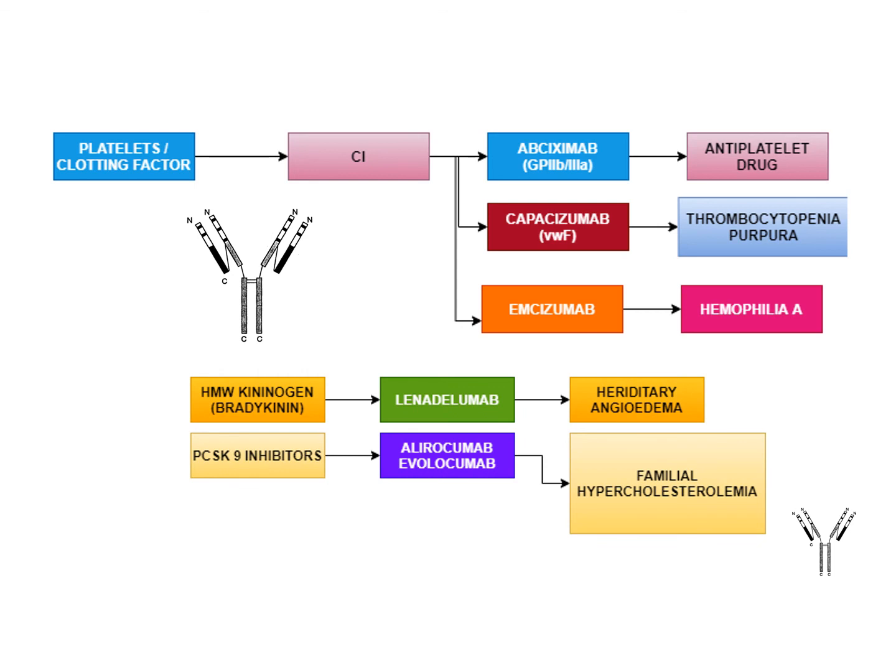Then lanadelumab is given for hereditary angioedema, which inhibits the breakdown of bradykinin, and alirocumab and evolocumab are given for treatment of familial hypercholesterolemia. There were no drugs earlier for familial hypercholesterolemia, but now new monoclonal antibodies have been launched.